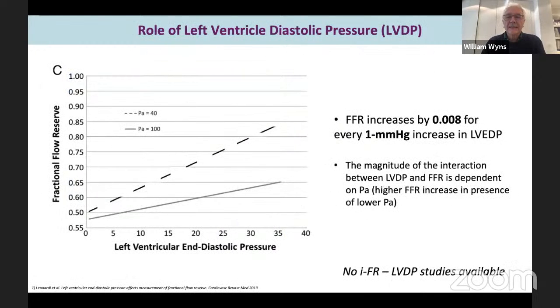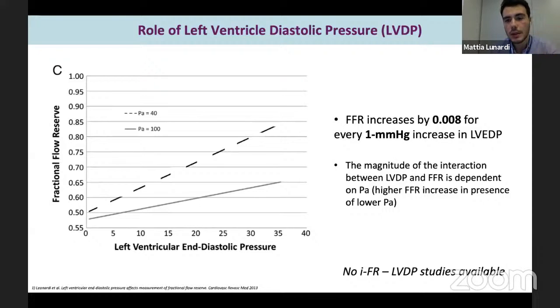Now, in the clinic, is this really relevant, Mattia? Does it matter? I think not, because as shown by this study by Leonardi that addressed the FFR and not the iFR, we can observe that there is an increase for the FFR for higher left ventricular diastolic pressures.